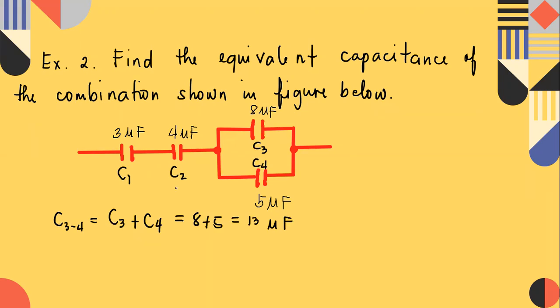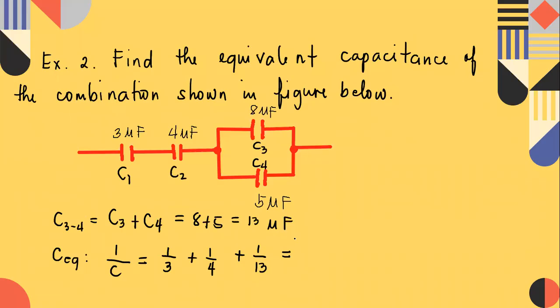Then, this in turn will become series with 3 and 4. Therefore, under the series, we can say that for the equivalent capacitance, 1 over C is equal to 1 over 3 plus 1 over 4 plus 1 over 13.